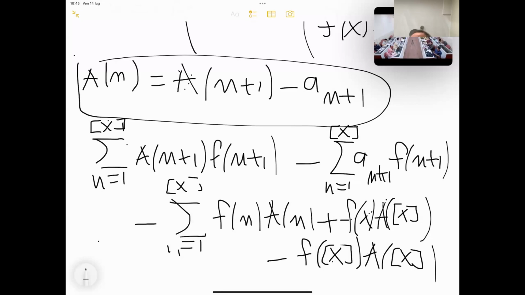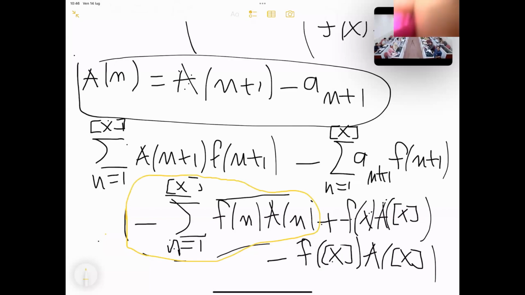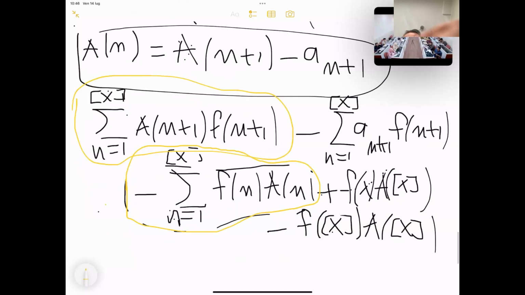So you will see here, there's a lot of cancellation, right? Because most of the sum will cancel with this sum, right? Almost everything. The only terms that will not cancel are, I guess, the last term of the first and the first term of the second.